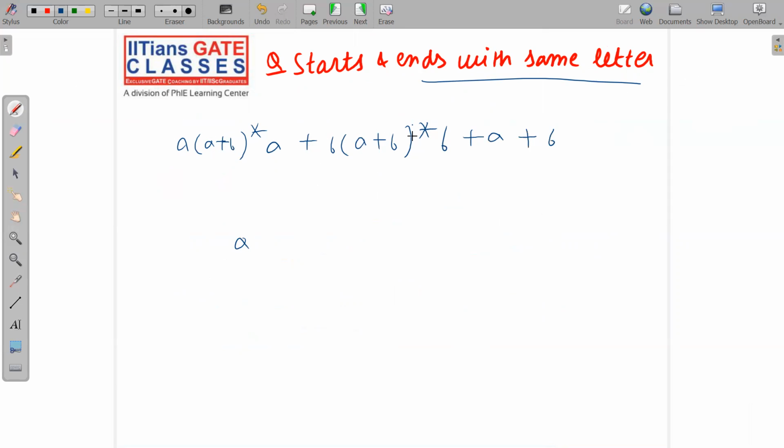And you are not representing B also. Similarly, null also. Null starts and ends with the same letter. In fact, there is nothing at all, so I can say it is starting and ending with the same letter, because to say different, there should be something. If nothing is present, then you will say obviously starts and ends with the same. So this is the expression for start and end with same letters.